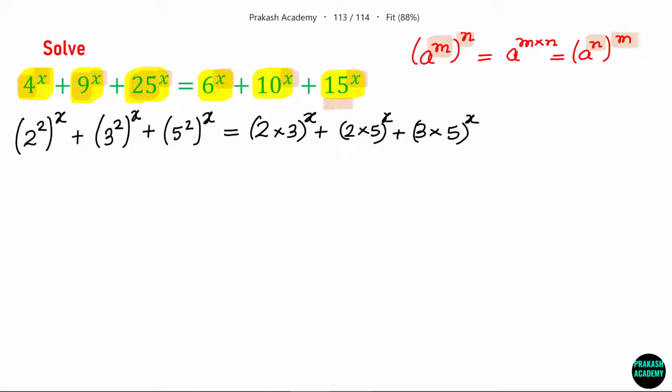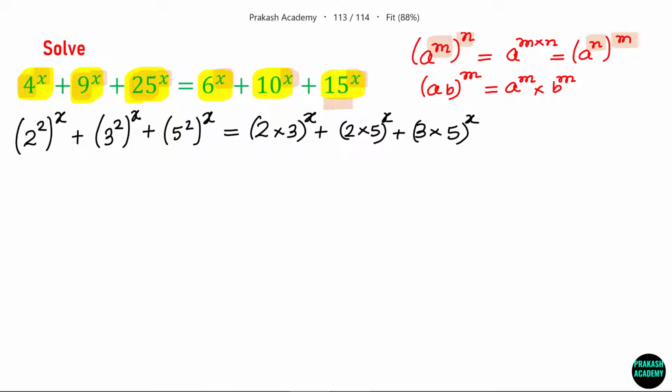So the position of the exponent got interchanged in this case. Now the second rule I will use: if you have ab raised to the power m, this can be written as a raised to the power m times b raised to the power m.